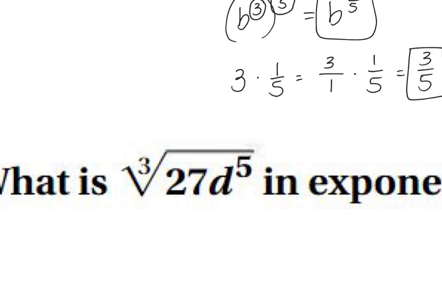Okay, the next one. This one's a little bit more complicated. Go ahead and copy down this one. The third root of 27d to the 5th. Do I have any brave souls that think they know how to solve this?